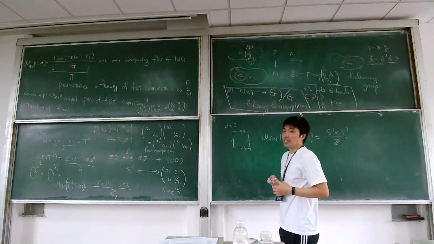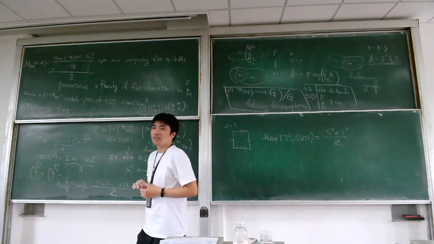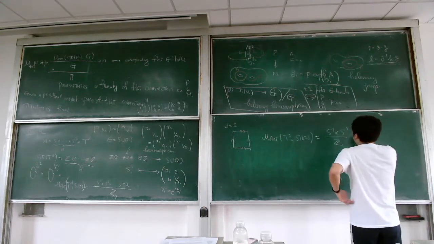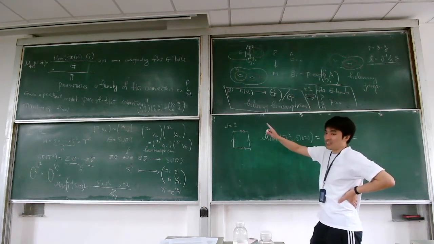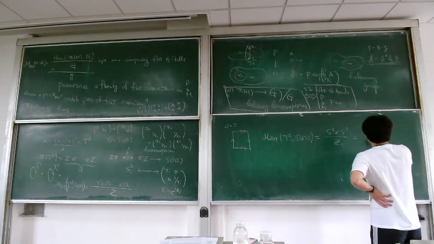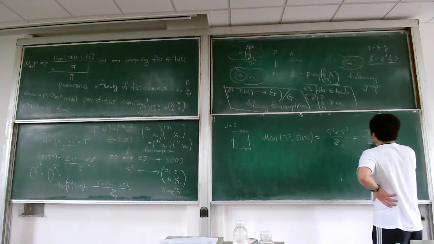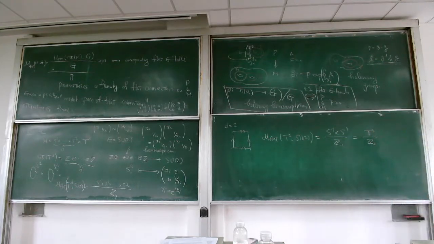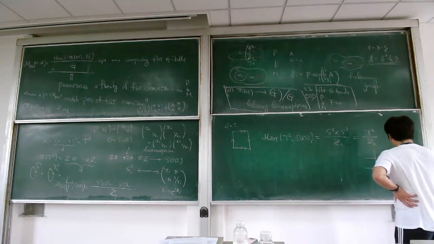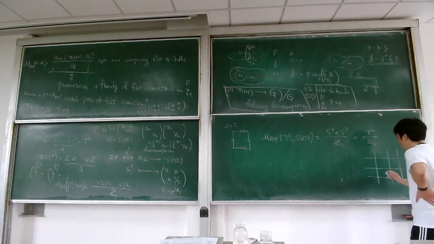How does it look like? S1 cross S1 mod Z2 is indeed, so this is the original space, but the moduli space also looks similar to T2 itself, but there is a Z2 action. Okay? How do you do that? So the fundamental domain of the universal covering of T2.